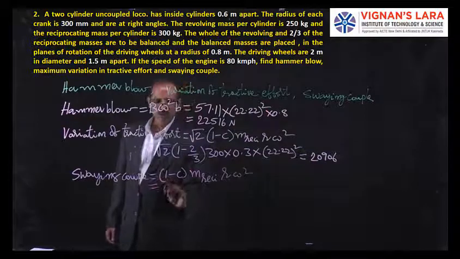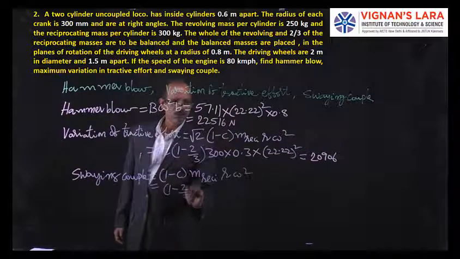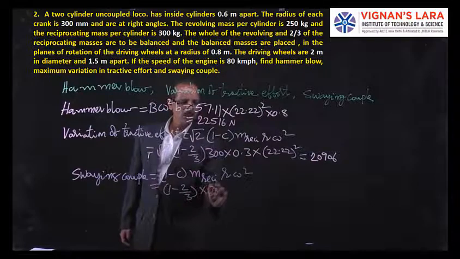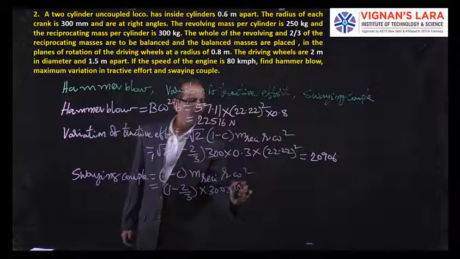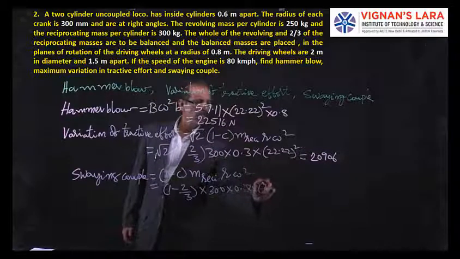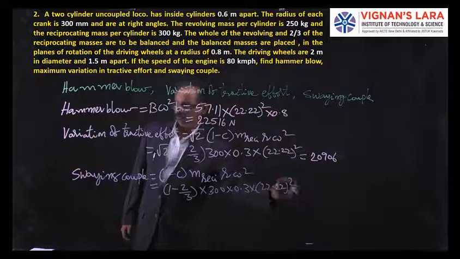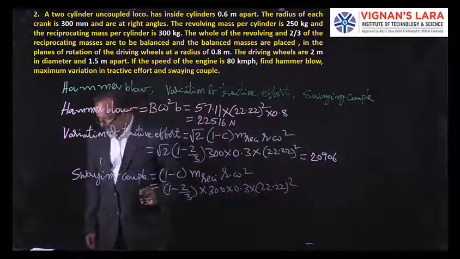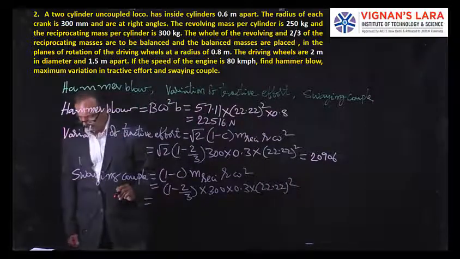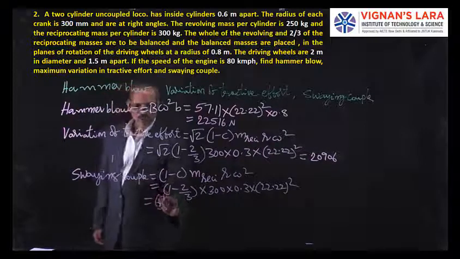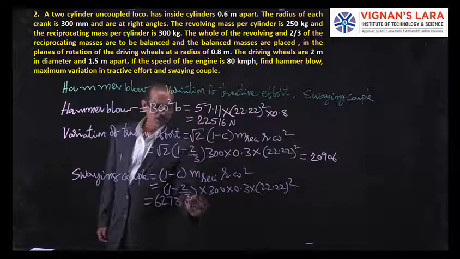Simply substitute and get the value of swaying couple, which is 6273 Newton meter.